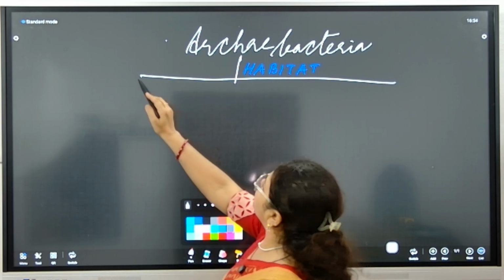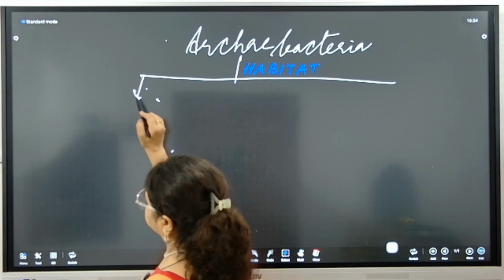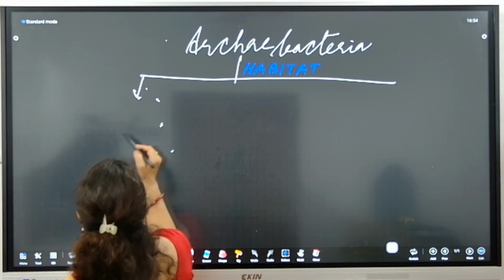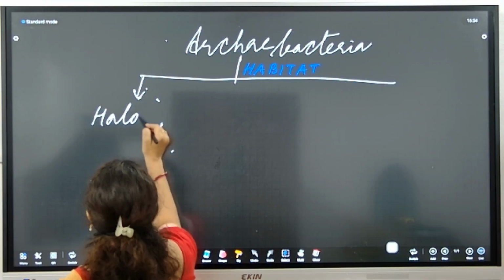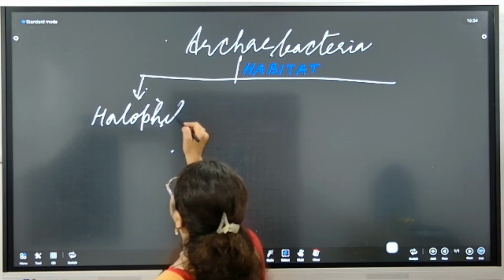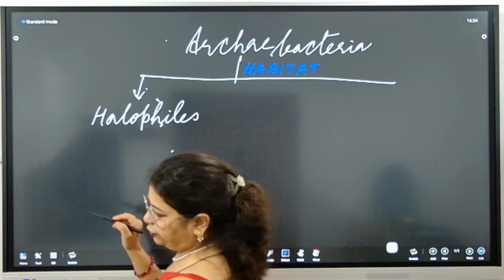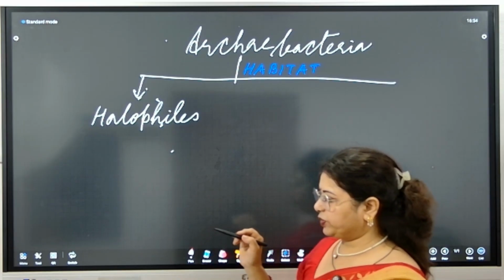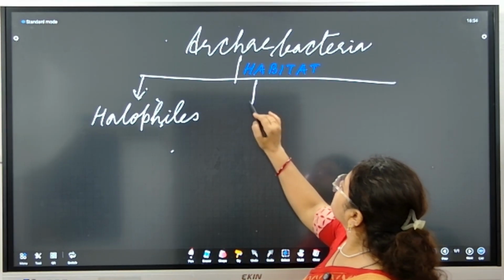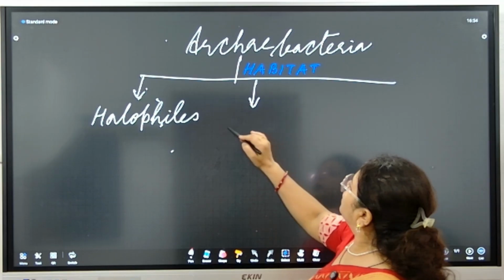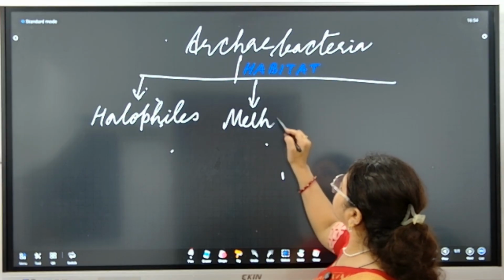And then they are divided into halophils. You can see halophils. Then methanogens.